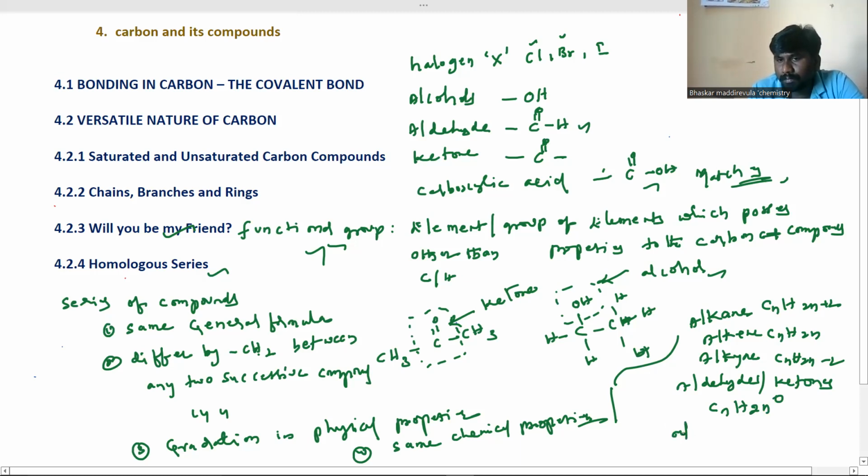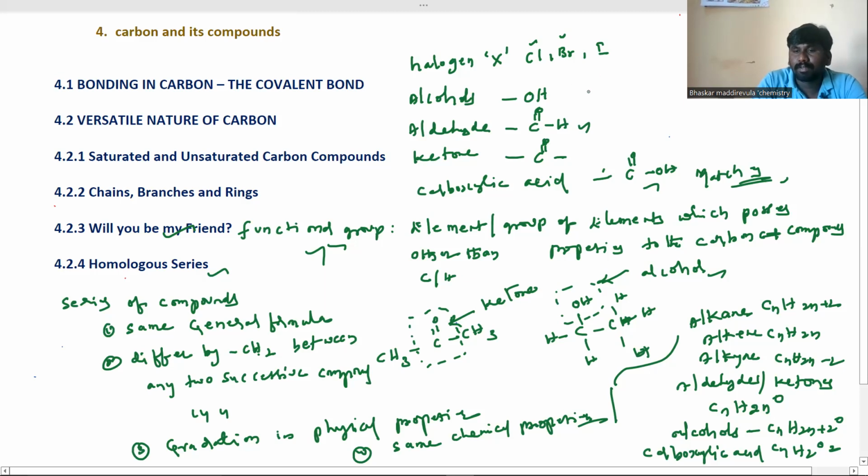Alcohol general formula is CnH2n+1OH, that is CnH2n+2O. Carboxylic acid general formula is CnH2nO2. These are the general formulas of some important carbon compounds.